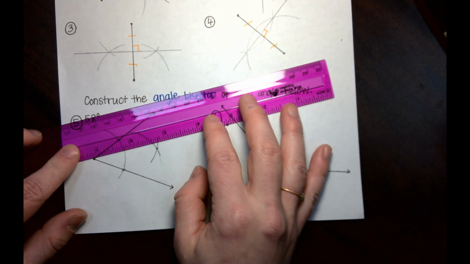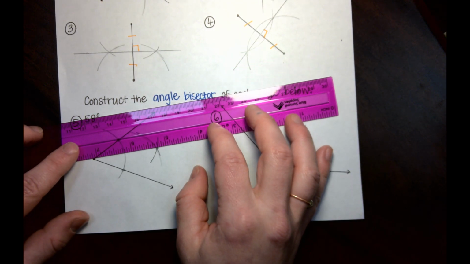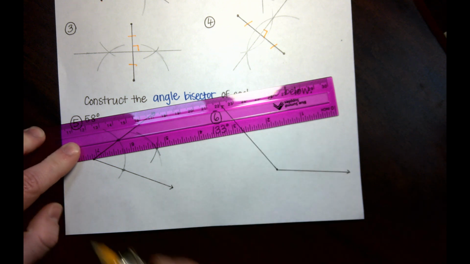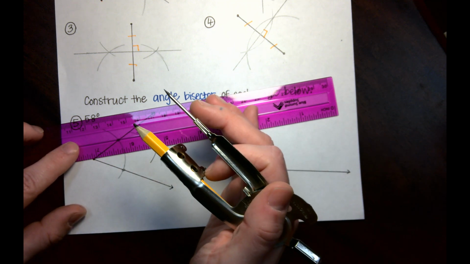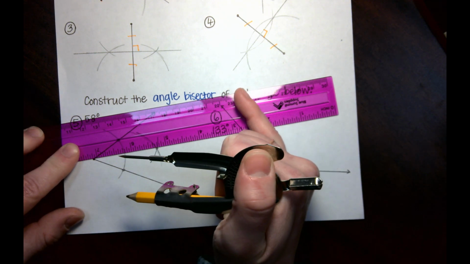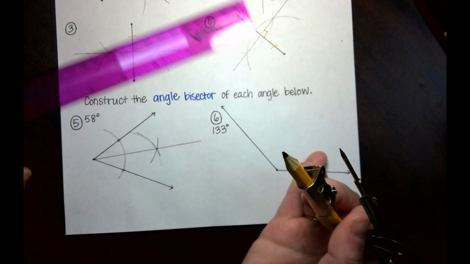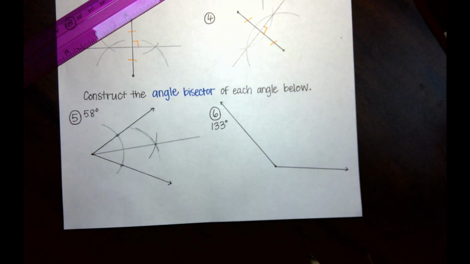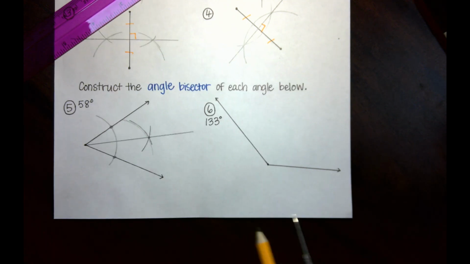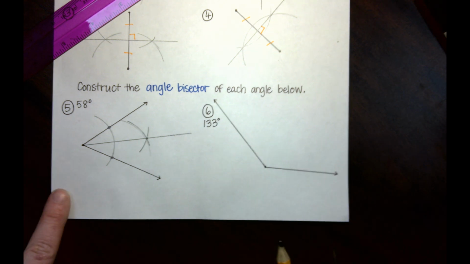So let's put our ruler down on there, and I'm going to draw on my line. Like that. And it should look pretty good. Just like you cut your angle in half. Very, very nice.